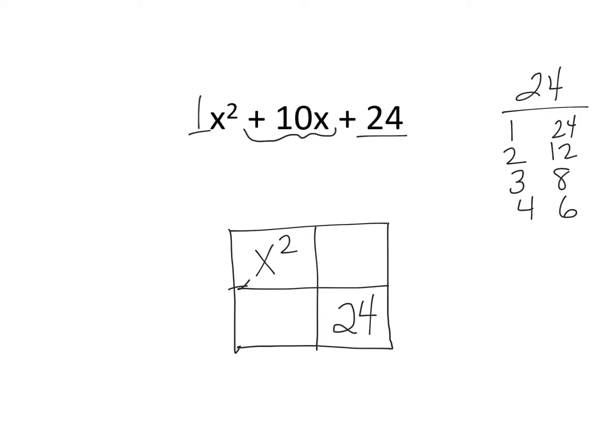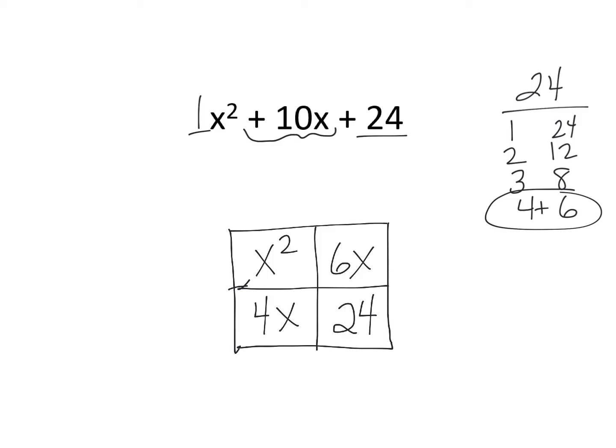But since we're looking for a positive 10x, it's nice that they're positive. Right here, 4 plus 6. And so what I'm going to do, and I don't care which box I put it in, I'm going to put a 4 with an x in one box, and the other box I'm going to put the 6 with an x. And so those two right there, the 4x and the 6x, they have to add up to your middle term, the 10x.